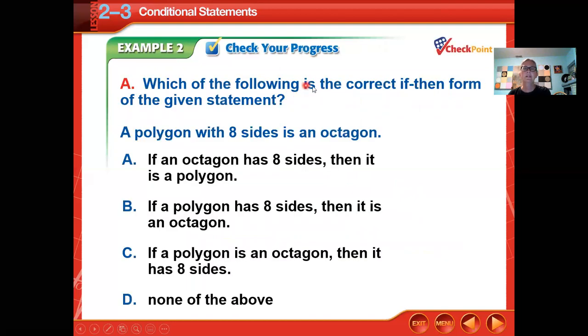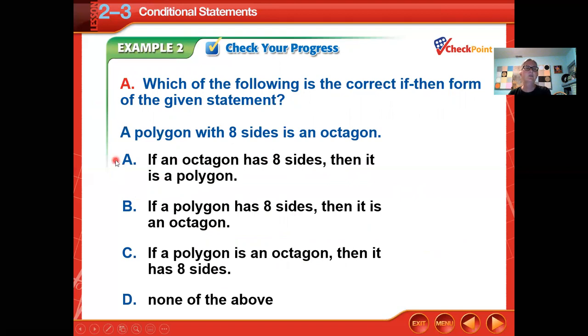Which of the following is the correct if-then form of the given statement? A polygon with 8 sides is an octagon. If an octagon has 8 sides, then it is a polygon. I don't think that's true. If a polygon has 8 sides, then it is an octagon. True. If a polygon is an octagon, then it has 8 sides. True. It's not asking me which one's true.